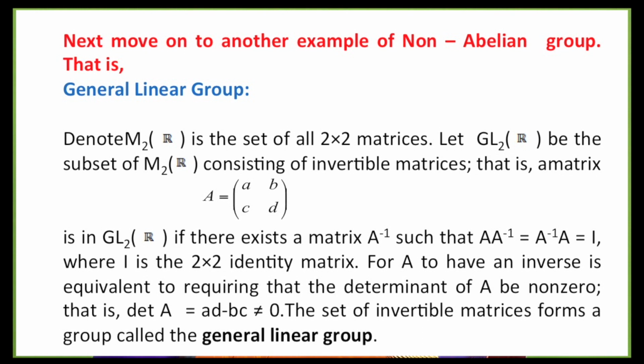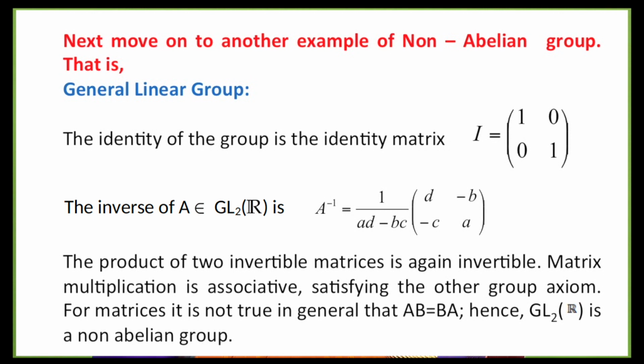For A to have an inverse is equivalent to requiring that the determinant of A be non-zero. That is, determinant of A equals ad minus bc, which is not equal to 0. The set of invertible matrices forms a group called the general linear group.